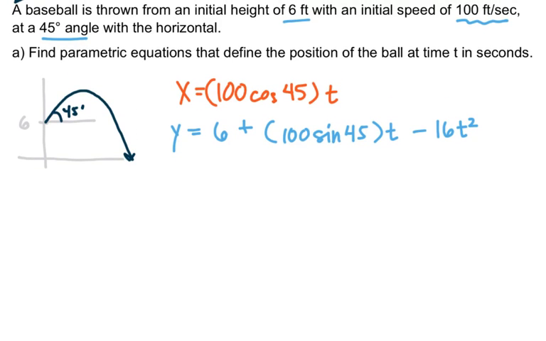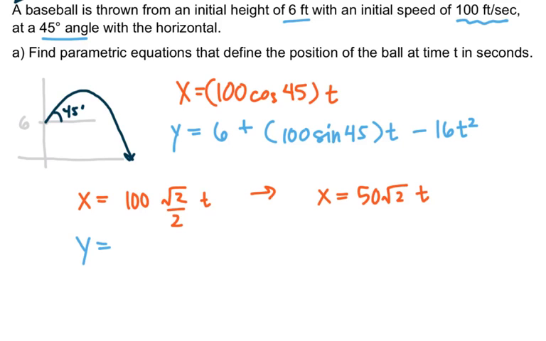At this point, I can simplify. We know that cosine of 45 is root 2 over 2. So I have x equals 100 times root 2 over 2 t, or rather, x equals 50 root 2 t. And then my y equation, y equals 6 plus 100 times root 2 over 2, because that is sine of 45.